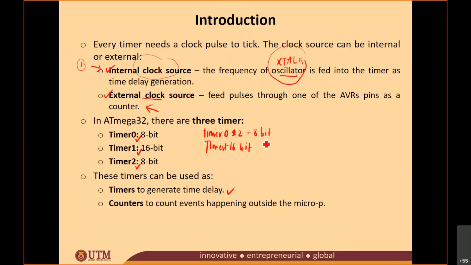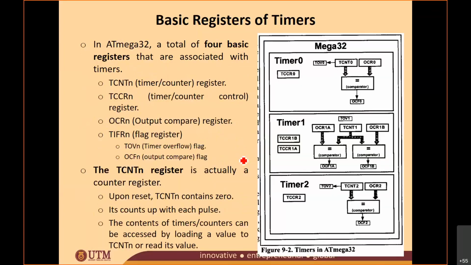So you need to remember you have 3 timers in the ATmega32: timer 0 and timer 2 are 8-bit, while timer 1 is 16-bit. Next, we are going to see the basic timer registers that you need to be familiar with.